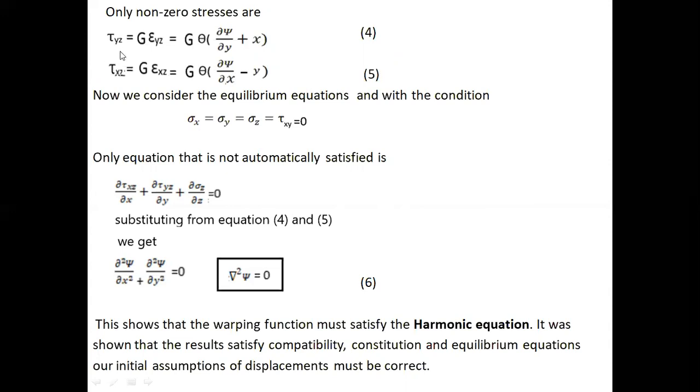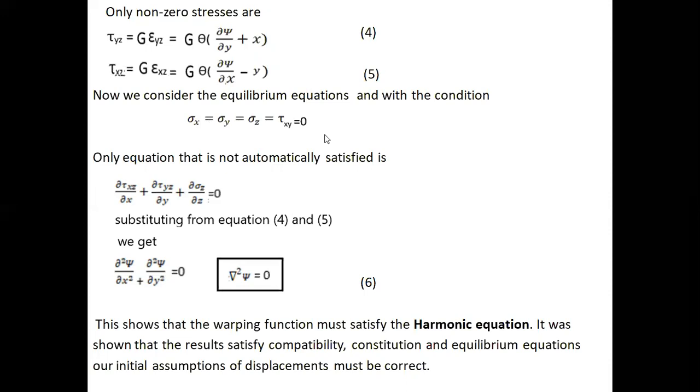One is tau yz, given by G theta times del psi by del y plus x, and tau xz, which is G theta times del psi by del x minus y. Now remember, psi here is the warping function, and the condition for torsion is that sigma x, sigma y, sigma z, and tau xy are 0. This is from Hooke's law, the constitutive equation.